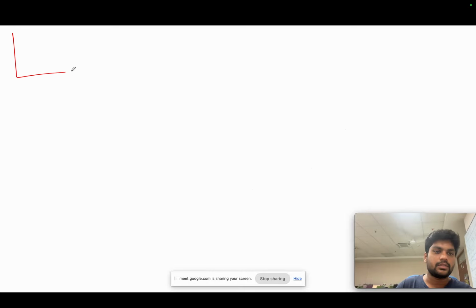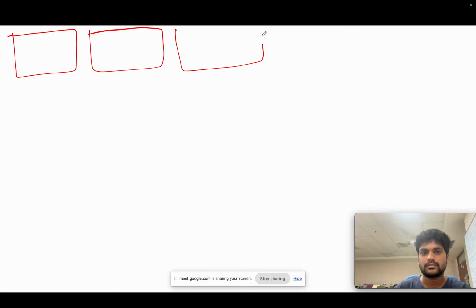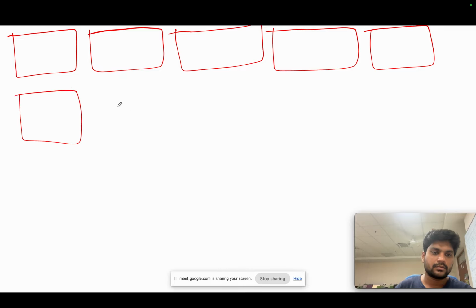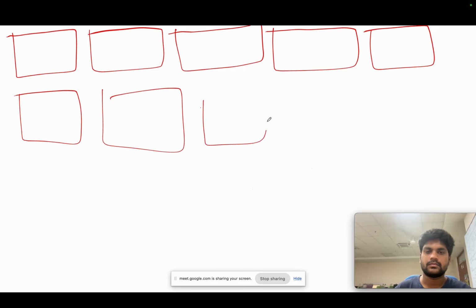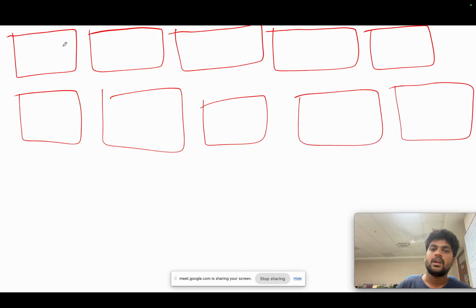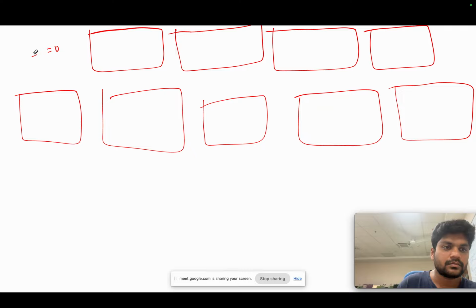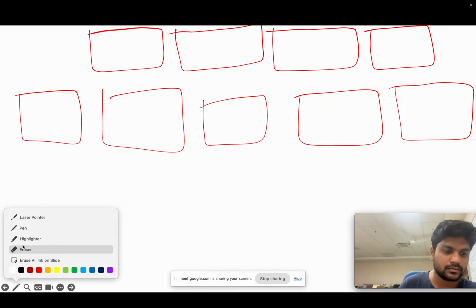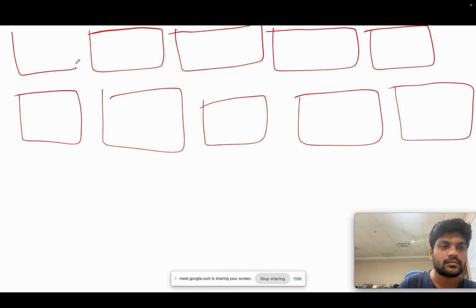So I will write it here. I will make different microstates. Initially you have taken the molecule, and assume that n comma v comma t are constants.